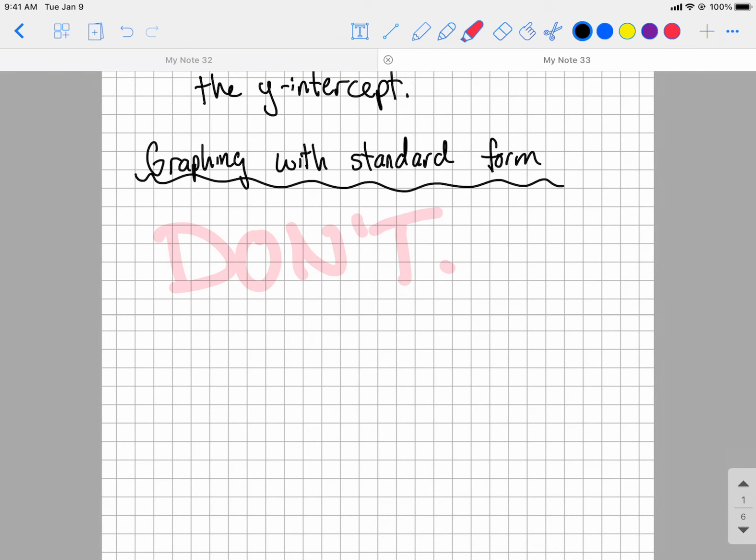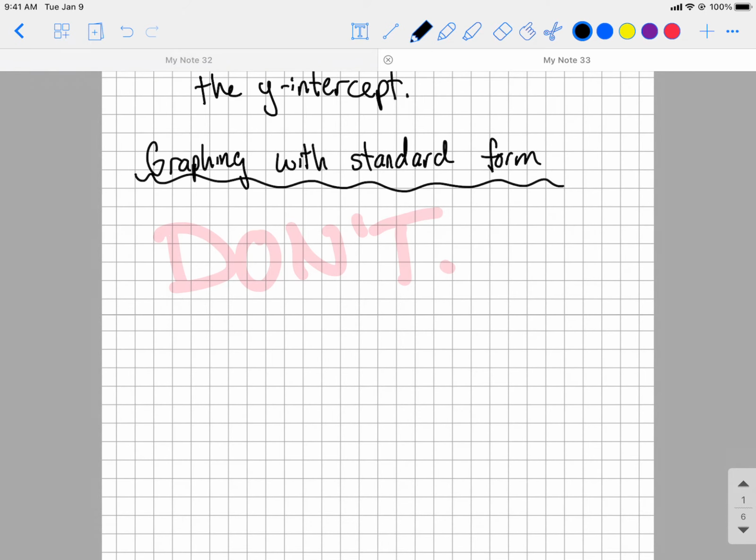Graphing with standard form is possible, but it's generally not worth your time. Later on in this unit, you're actually going to find a way to convert standard form to vertex form. So if you ever have a function in standard form that you want to graph, you're much better off converting it into vertex form and then graphing it from there. So for now, we're just going to say we don't graph in standard form.